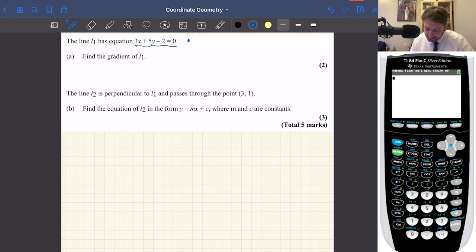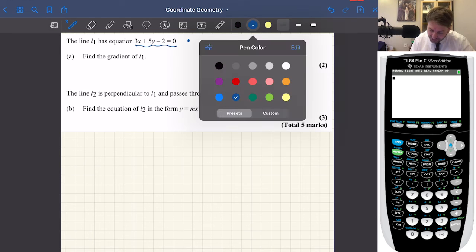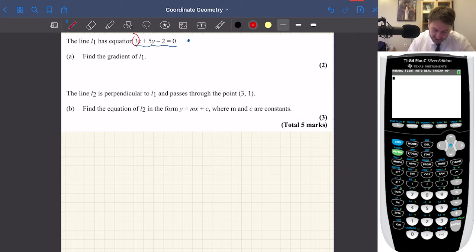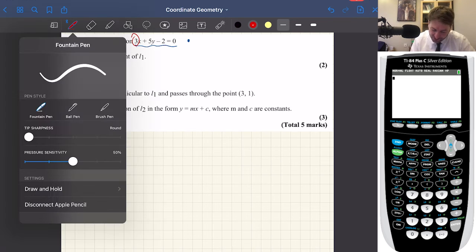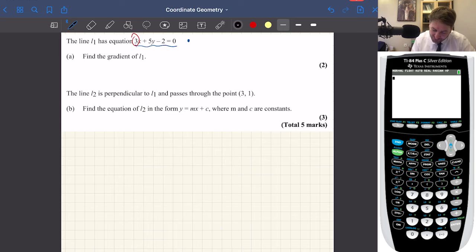Many students think the gradient is always the number in front of x. That is partially true. The gradient will be the number in front of x as long as y is the subject. So first, we need to make y the subject, which means moving all those terms to the other side, keeping my 5y positive, and then getting rid of that 5.